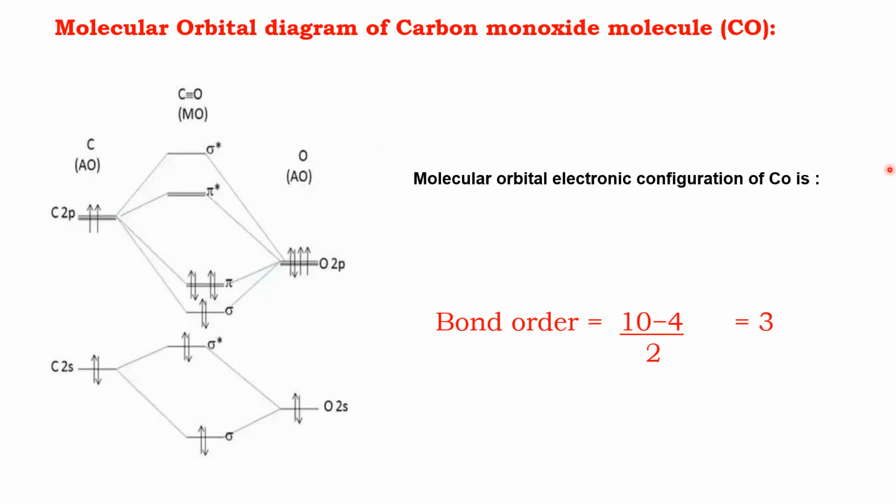Hence, the configuration of carbon monoxide becomes KK, sigma 2s2, sigma star 2s2, sigma 2pz2, pi 2px2 equal to pi 2py2. And the bond order is found to be 3. This clearly shows that between carbon and oxygen there are 3 bonds existing.